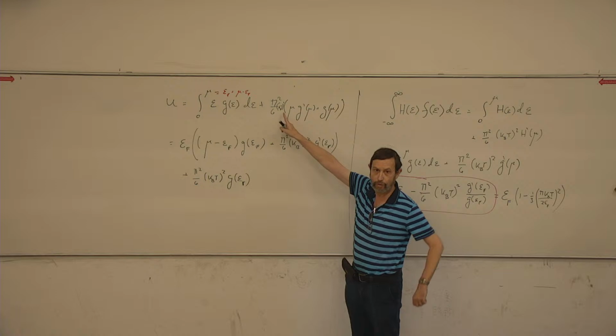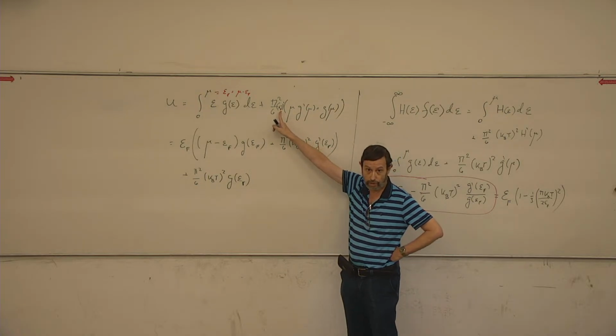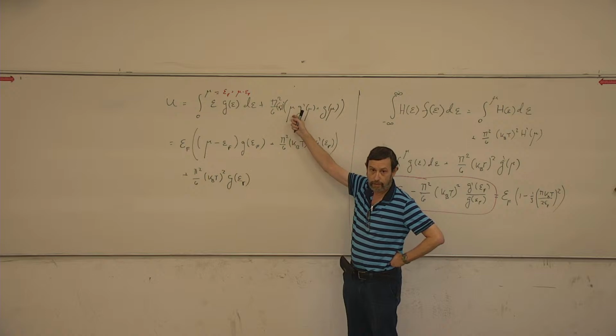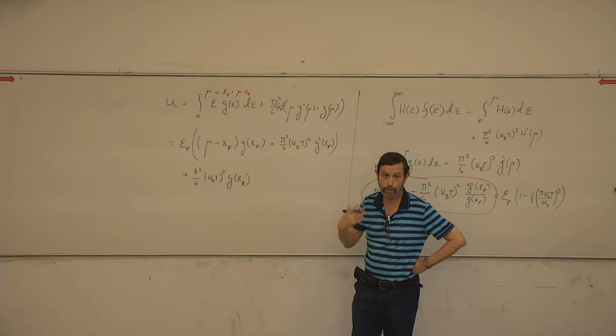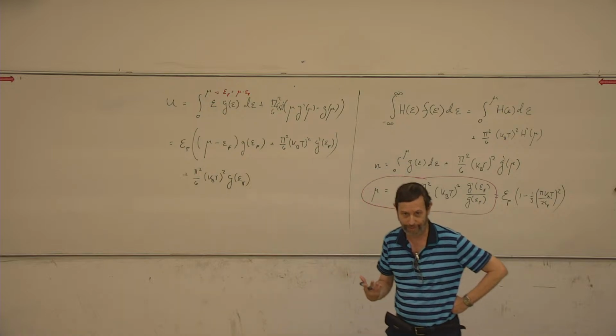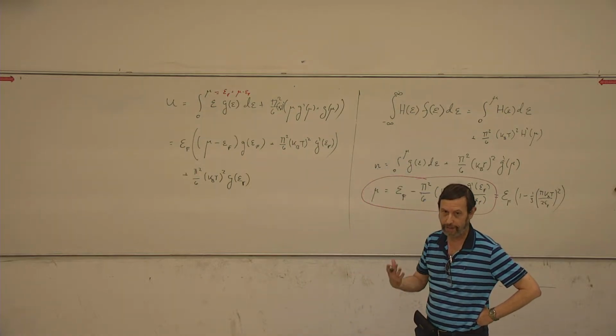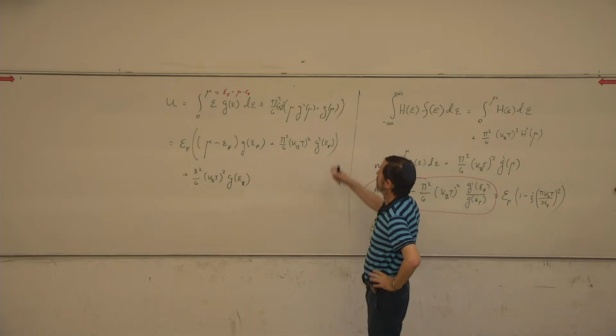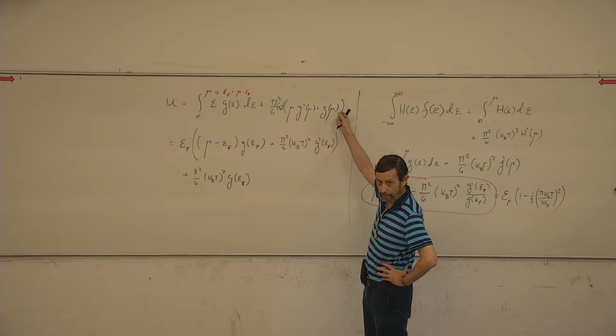So, I have already a contribution of order t squared. Anything that comes from mu or G(mu) will be a contribution of order t to the fourth. Again, I can't forget about it. Same logic here.